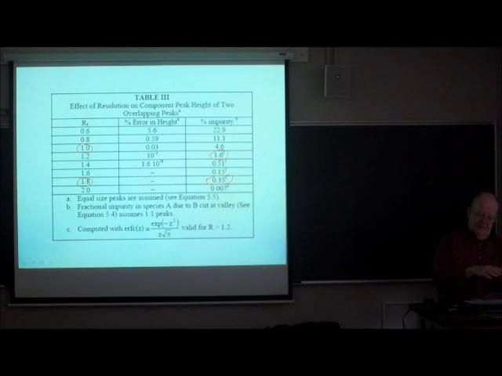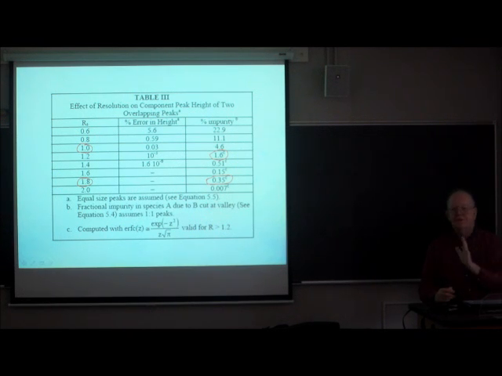Now, doing the calculation for different size peaks, different peak ratios, obviously as the ratio becomes greater, the big peak is easier to measure, but the small peak becomes harder and harder to measure, and you need more and more resolution to measure the small peak to a given percent accuracy.